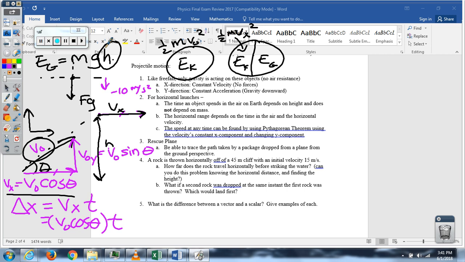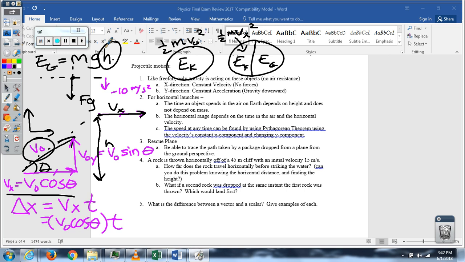I don't believe that we actually did an example like that in class, but you could certainly use that, and by writing those formulas out, you'd get the same exact equations that you would use.